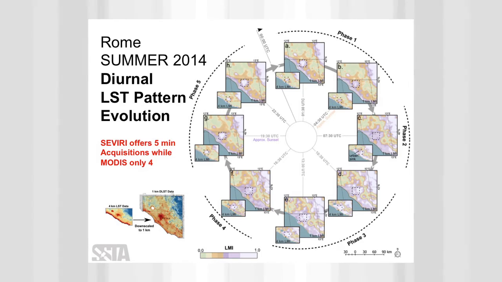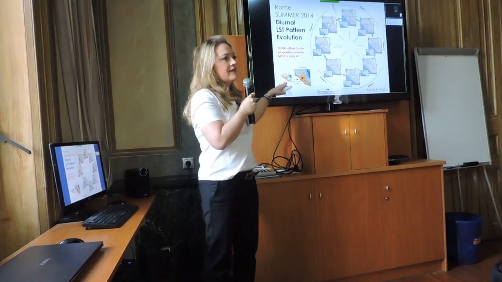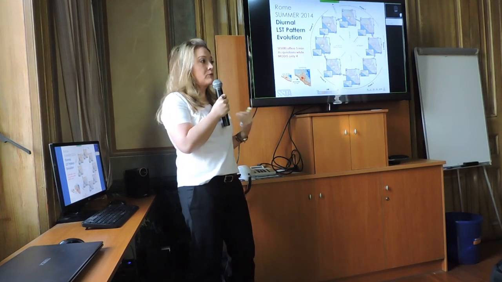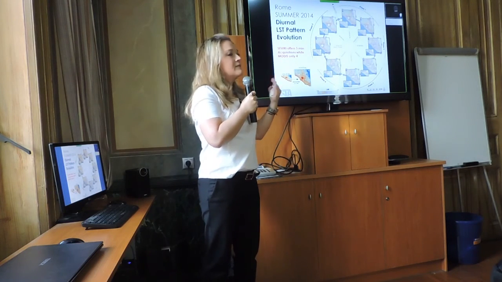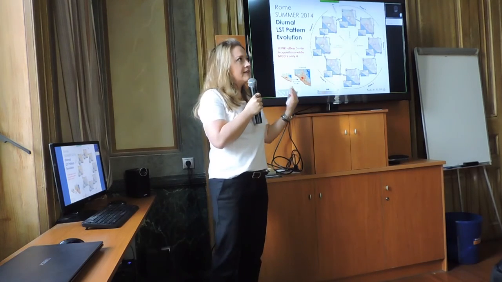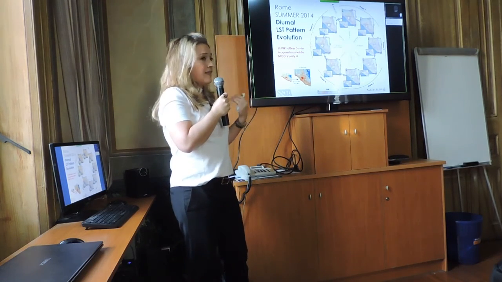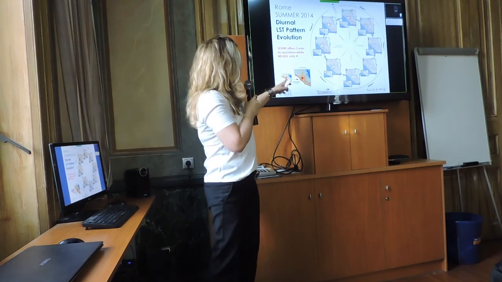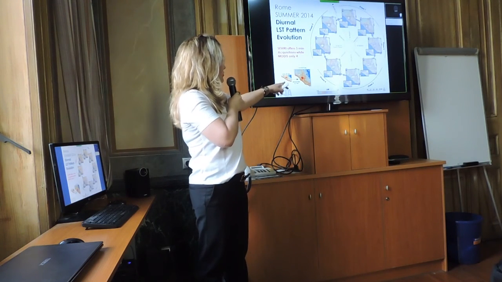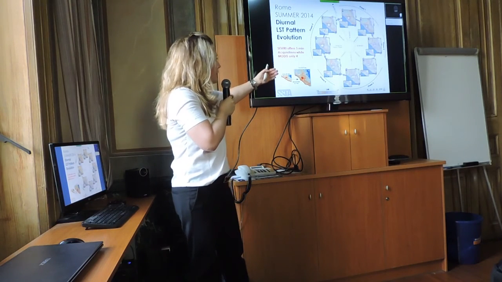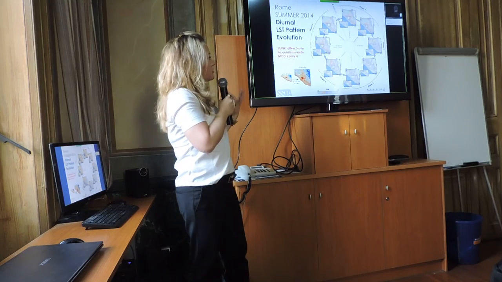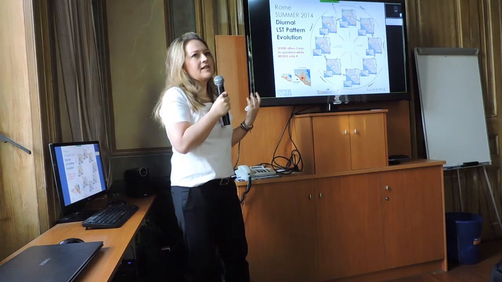We don't want to see only how good we have done this downscaling on an image basis, but we want to see it on a time series basis. And this is quite important because we are talking about thousands of images eventually. So we want to see if the patterns that we see in the coarse resolution images are kept after the downscaling, because for us it is quite important as a measure of success of our methodology.